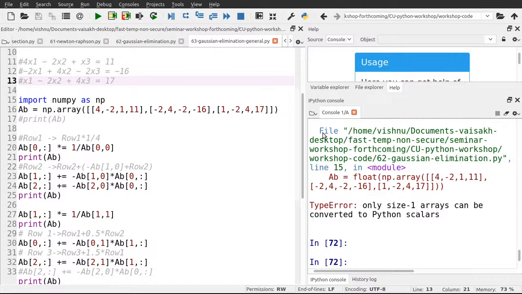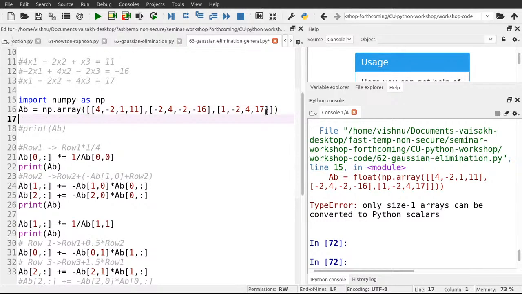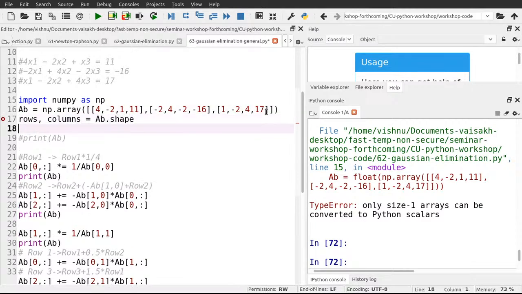To find the number of rows or columns, what we usually do is use the command shape. To that array, we put the command shape, and we can find out the number of rows and columns. So to find out the number of rows and columns, we use AB, the augmented matrix, AB dot shape.